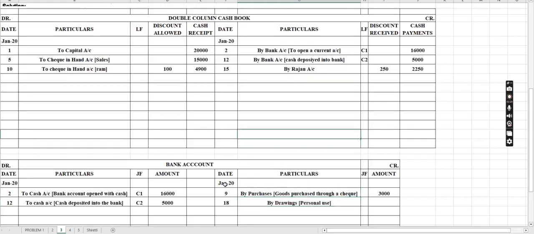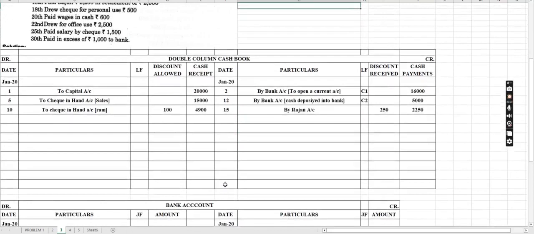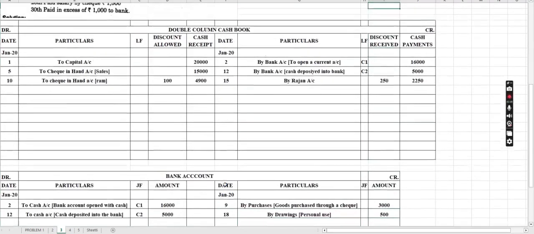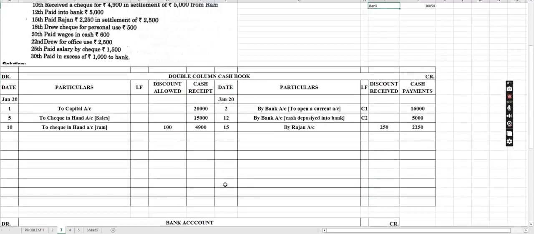How much amount? 500 rupees. Next, paid wages in cash. On 20th, by wages, cash is going, rupees 600.